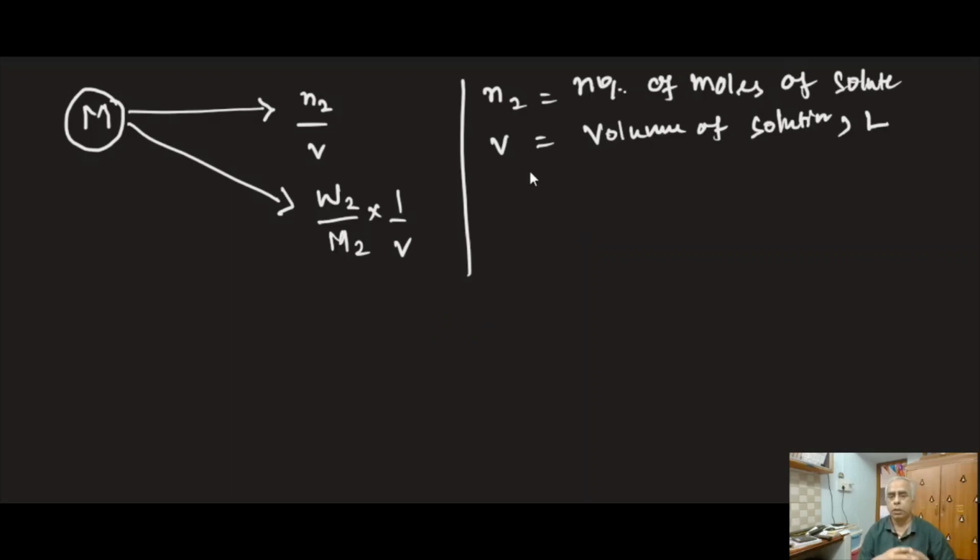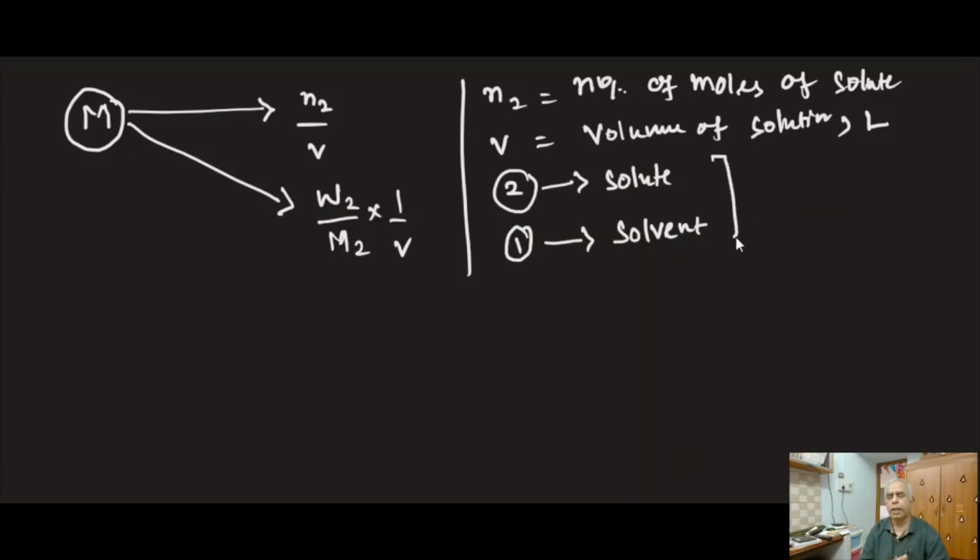Now let us see this molarity, how it can be represented in various ways. You should have some convention, that is, always take 1 as the solvent and 2 as the solute.